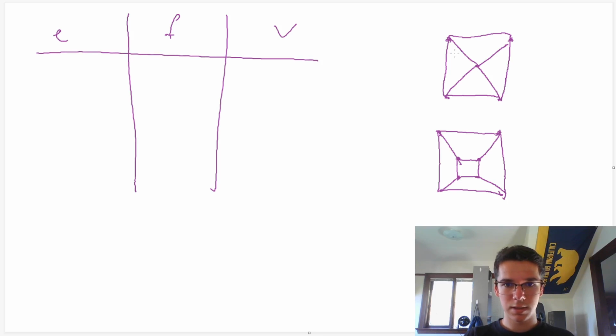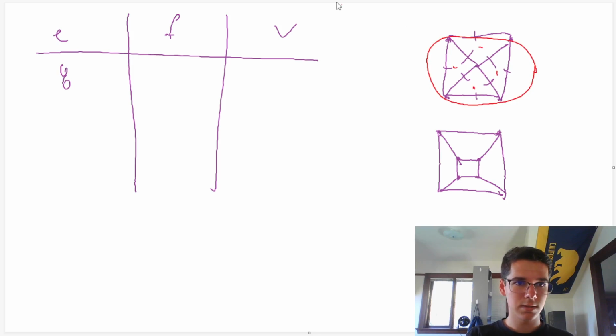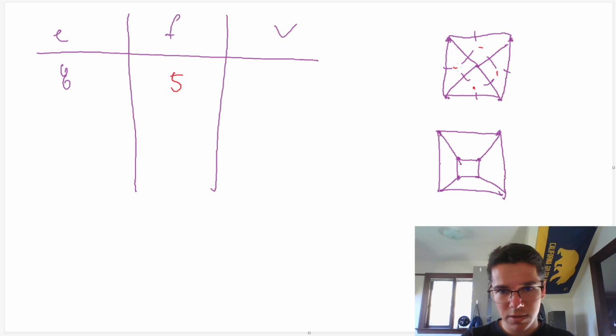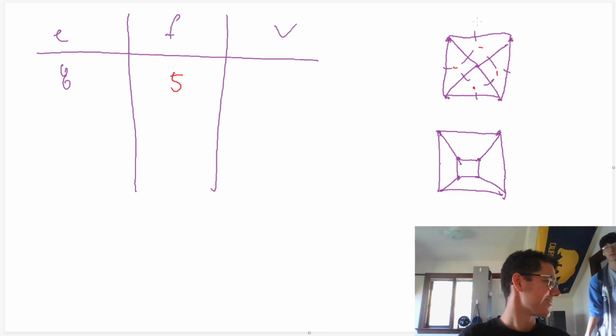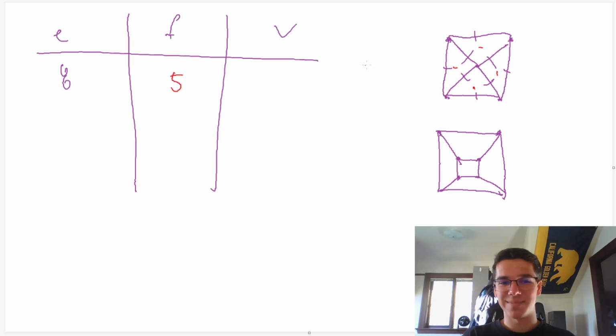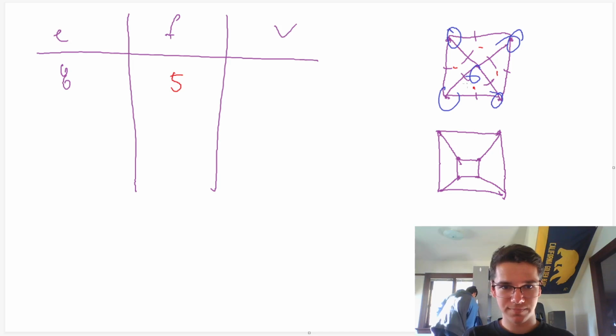And we're going to see that there are 1, 2, 3, 4, 5, 6, 7, 8 edges. And there are, let's switch to another color, 1, 2, 3, 4, 5 faces. And then there are 5 vertices, right?